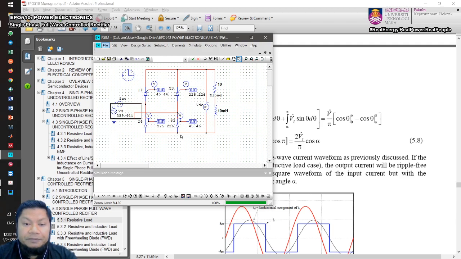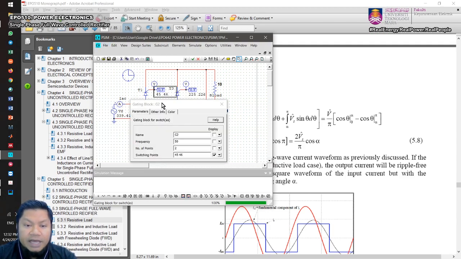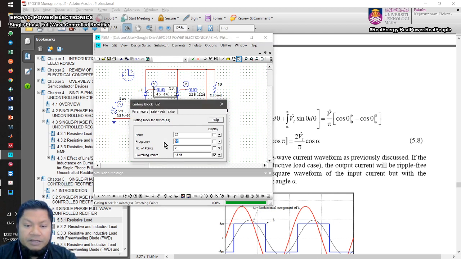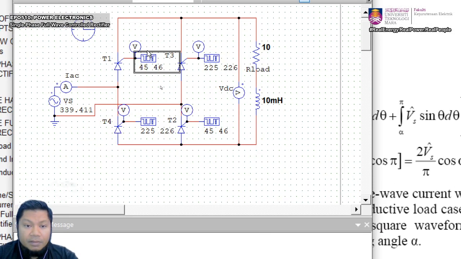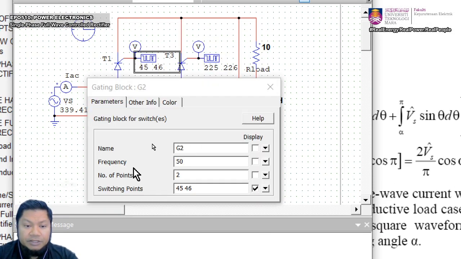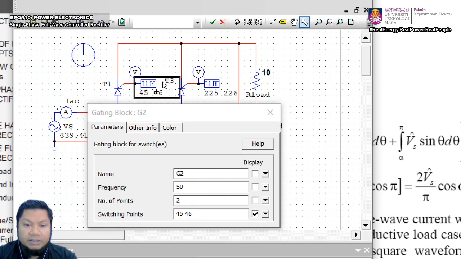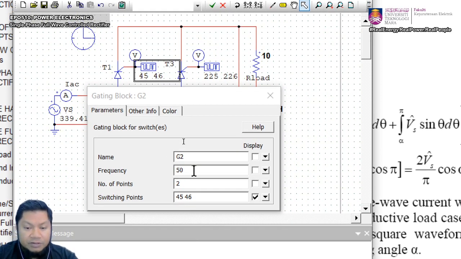Okay, so now this is known as the gating block. Make sure it's 50, so you double click that, make sure its frequency is 50 hertz. All transistors are at a frequency of 50 hertz. And then we have the switching points, which is the firing angle of 45 and 46.